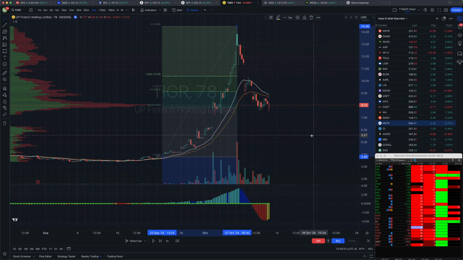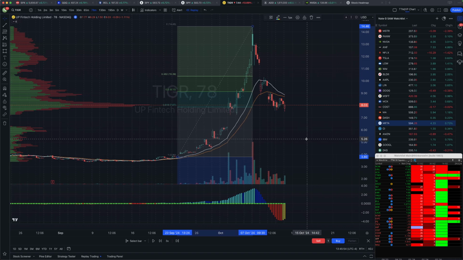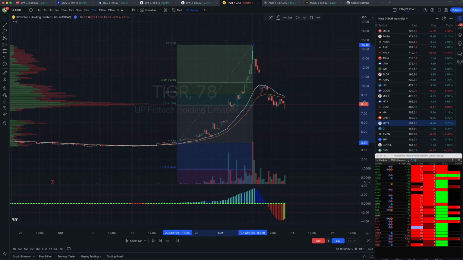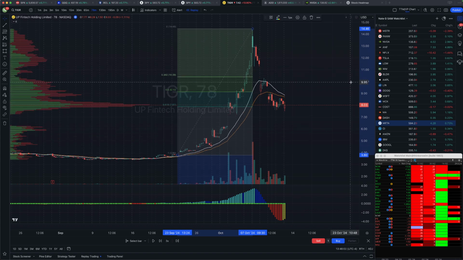And then I come back in here, and as you can see, I've measured this run up, right? And my extensions now are below me, right? Because I measured a run up, and now I want to see what that retracement might look like. I could flip it if I want to, and I'd still get some levels.